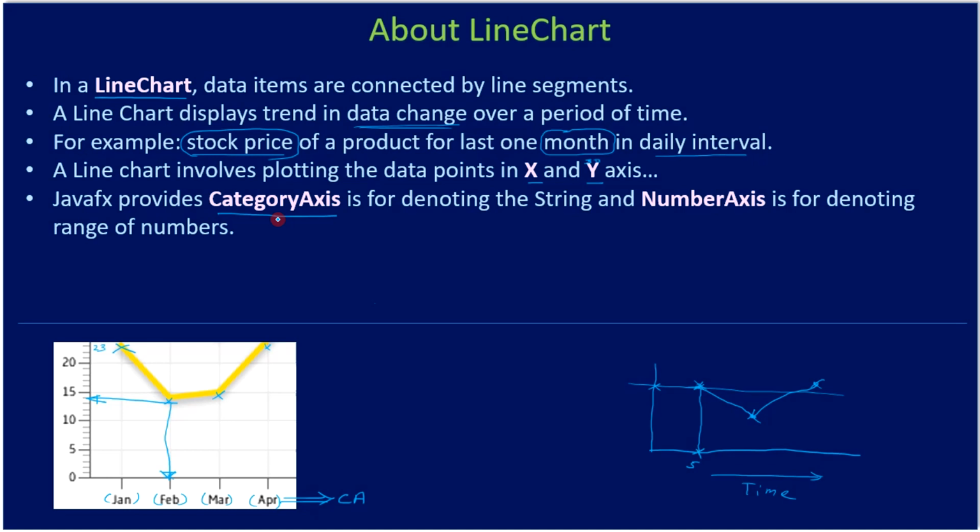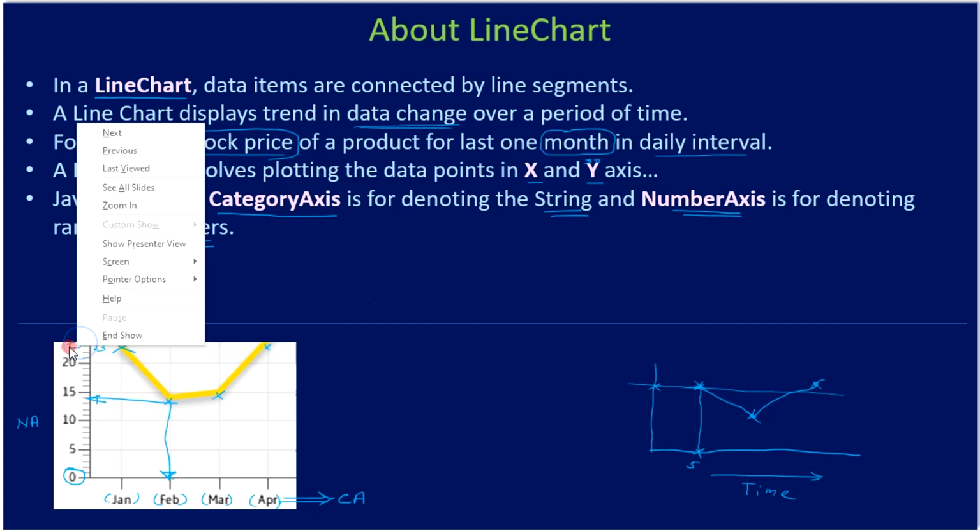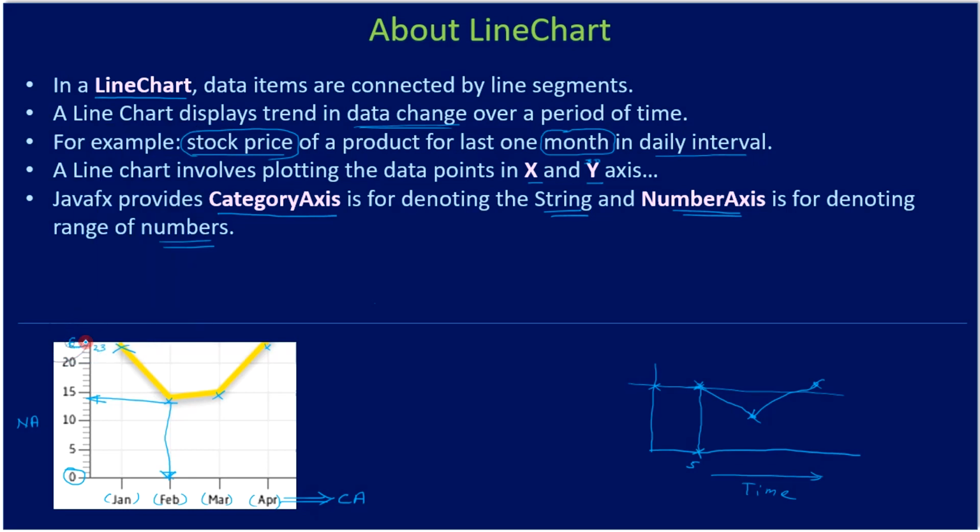JavaFx provides category axis, and category axis is for denoting strings. Then number axis, that's for denoting a range of numbers. Here if you see, this is number axis, and the range here is 0 to 25.